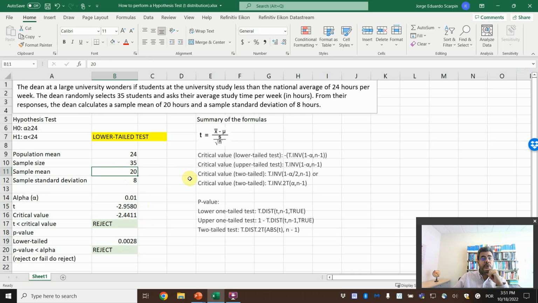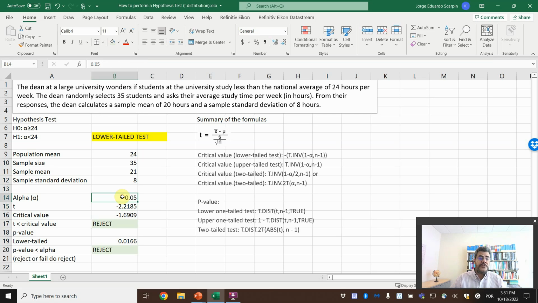However, if the sample mean is 22, now we fail to reject. Or 21: we fail to reject on 0.01, however we reject on 0.05. So the lower the alpha, the harder it is to reject a hypothesis.